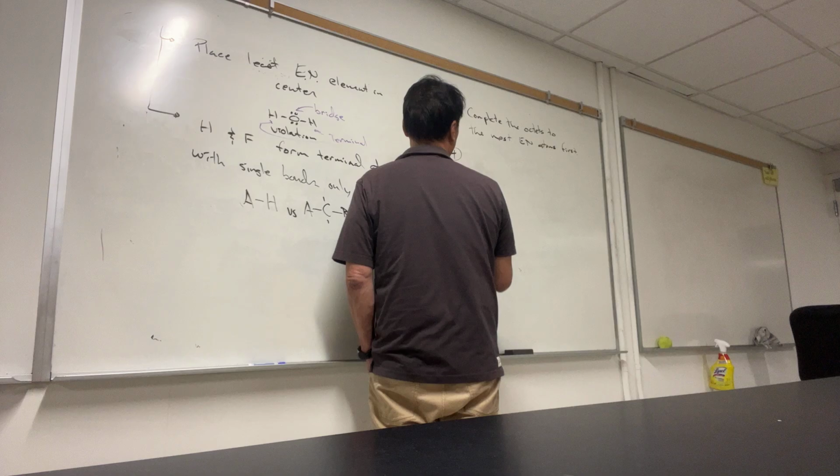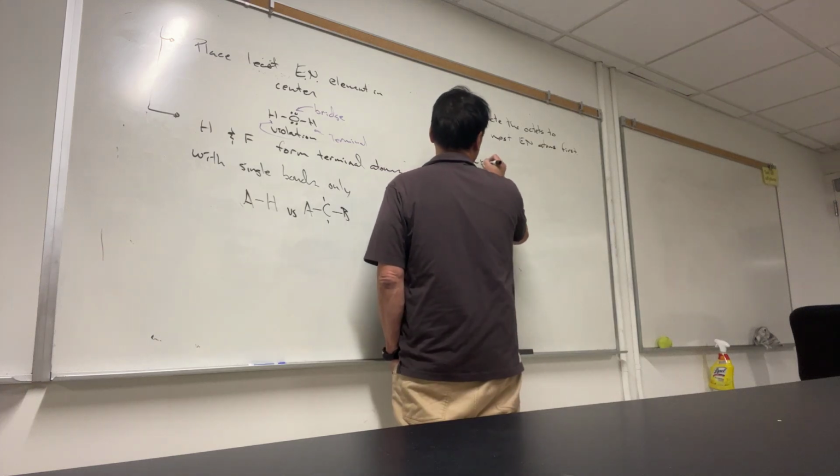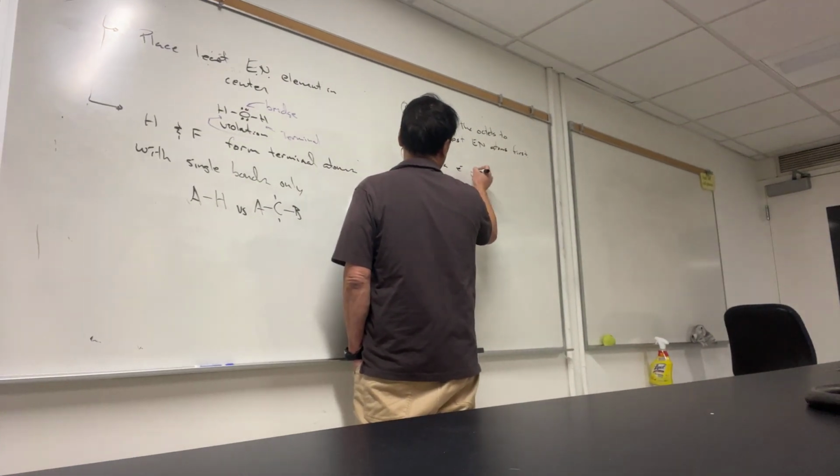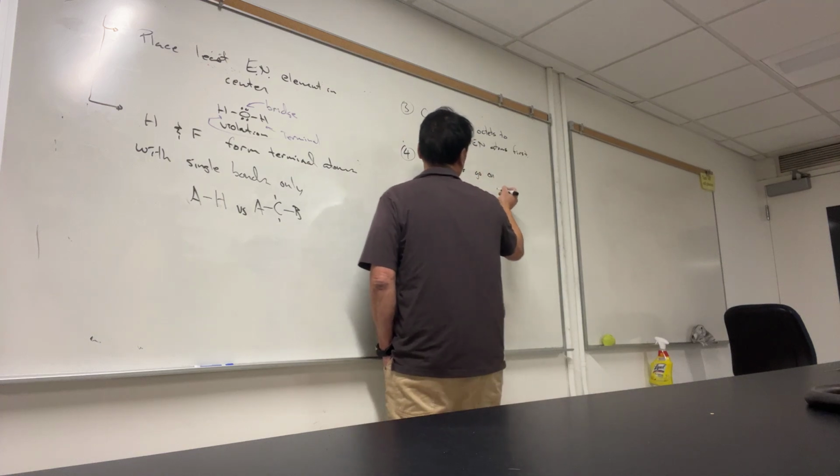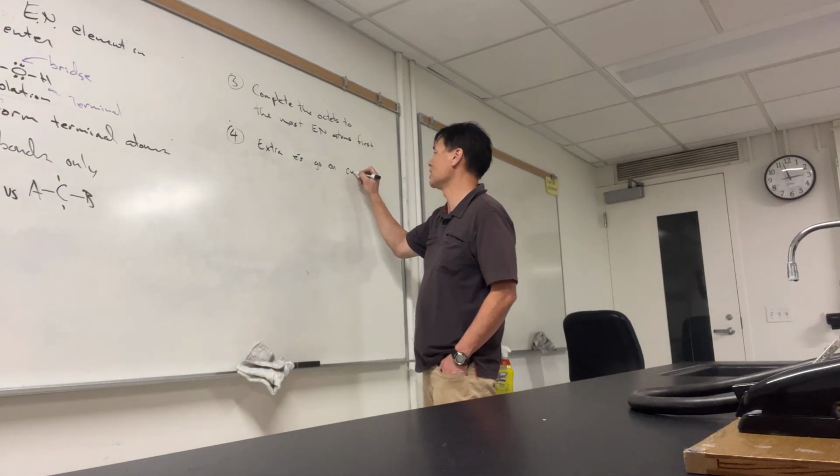For extra electrons, go on central or bridging atoms.